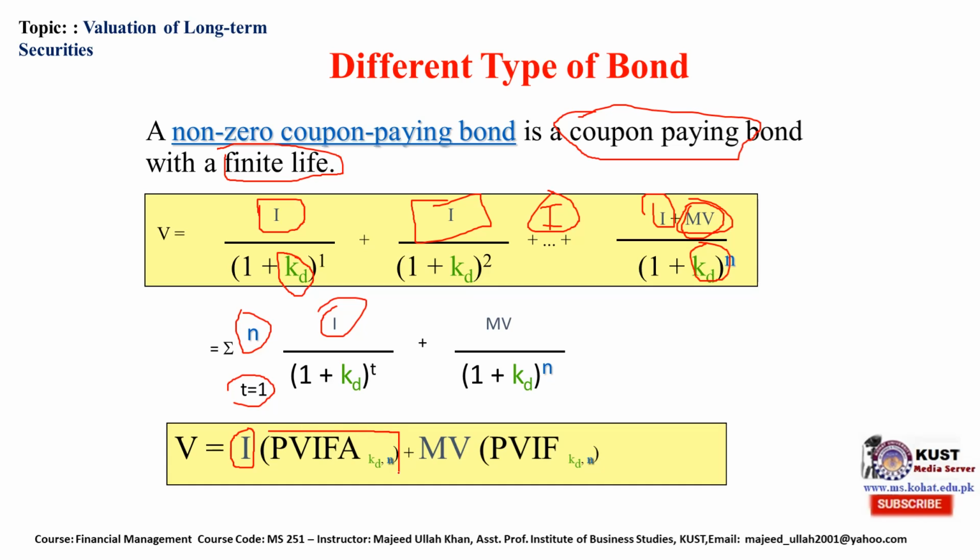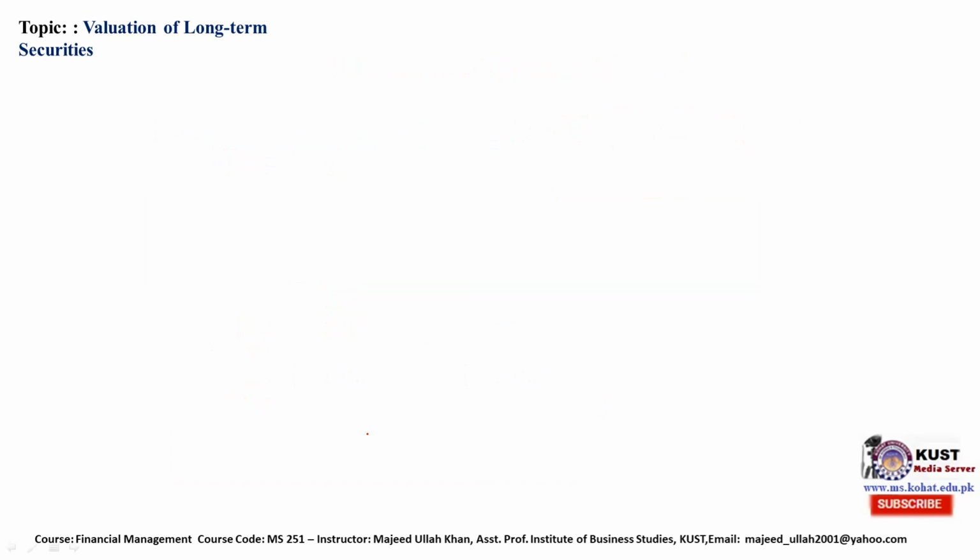We will use the annuity formula for this present value, for the required rate of return and for the specific time period. Now this maturity value is a one-time payment that you will receive after maturity, so we will discount it with the present value of a single amount. We will use a different type of table here.